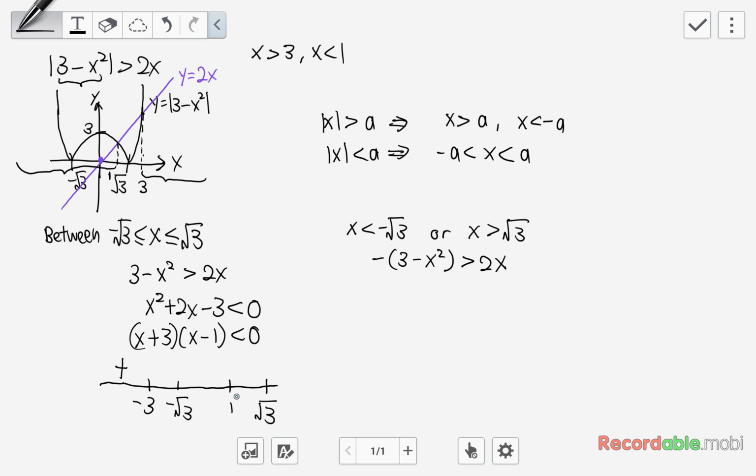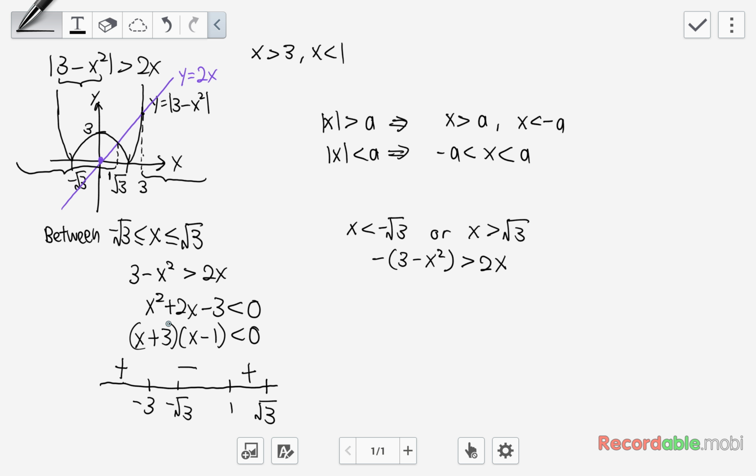So any number greater than 1, let's say for example 2, if I substitute inside, I will get a positive number. And any number between minus 3 and 1, if I substitute inside, I will get a negative number. You can try 0. 0 is between minus 3 and 1.